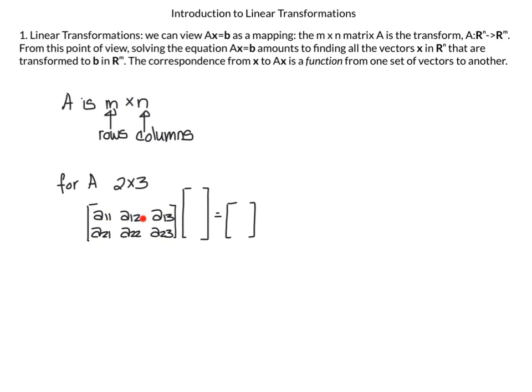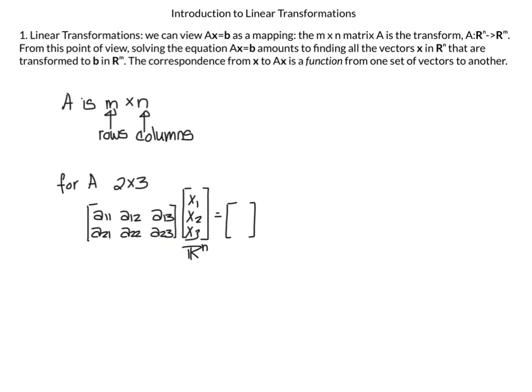So if I'm looking at this, when I do my matrix vector multiplication, this row here gets multiplied by my vector, which means my x must have 3 entries in it so that I can do that dot product: the A11 x1, the A12 x2, and the A13 x3. So this is why my domain is Rn.